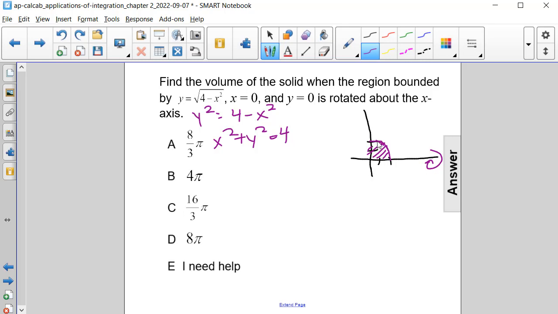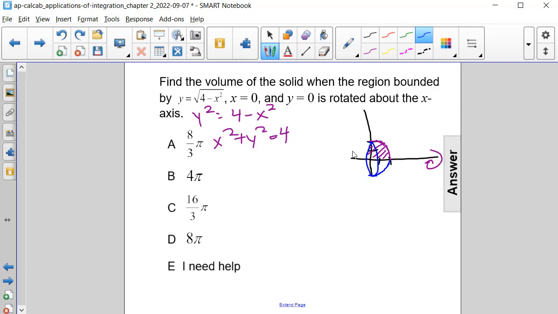So it's going to go around and kind of look like this. So it looks like half of a circle, or half of a sphere, I should say, half of a sphere.